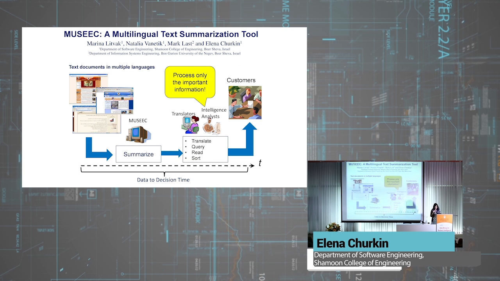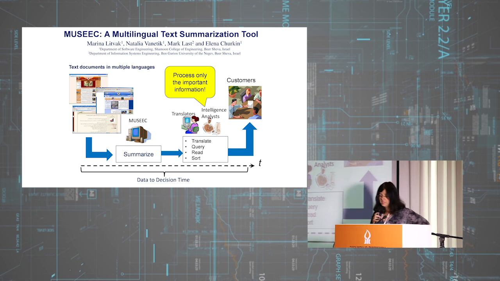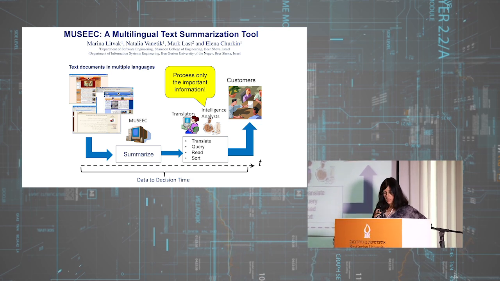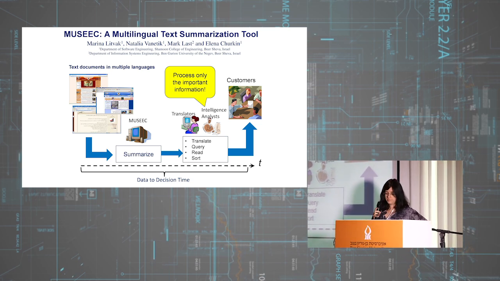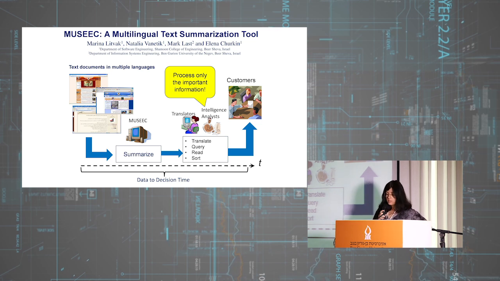I am participating in the development of the automatic summarization tool named MUSEEC. This is a multilingual tool which uses 3 different approaches for summarization. The first approach, named MUSE, is a supervised summarizer that uses a genetic algorithm for learning.